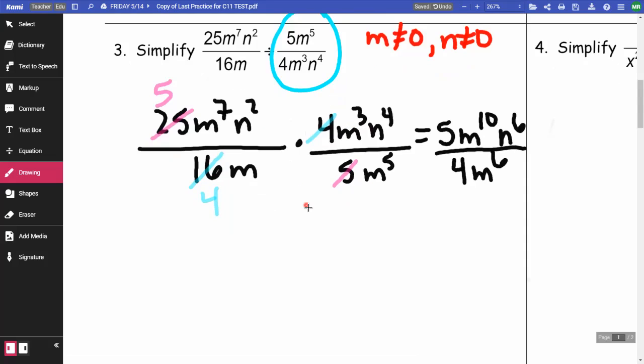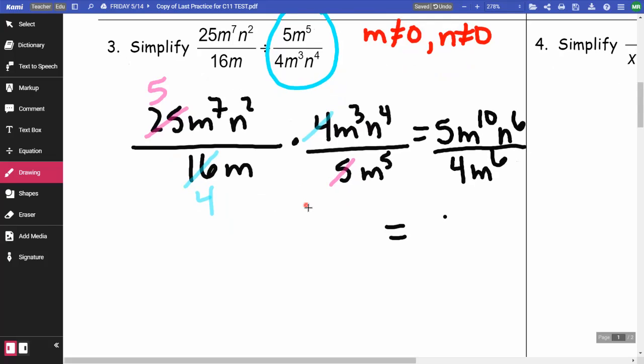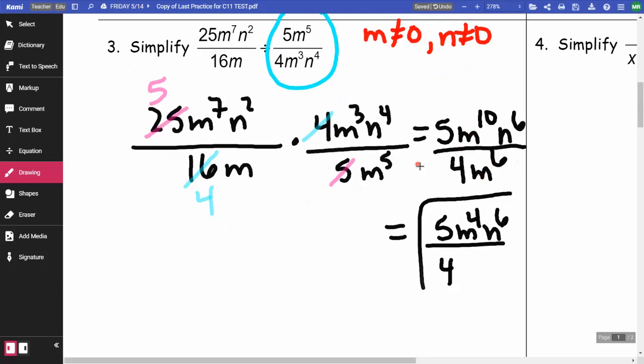So now I can clean it up even more. I'm going to have a 5 and a 4. My m's, I have 10 m's on top, 6 m's on bottom. So I can get rid of 6 on bottom and 6 on top, which leaves me with 4 on top. And then I have my n to the 6th. And that's my answer.